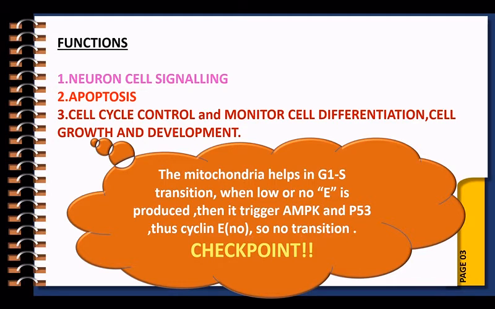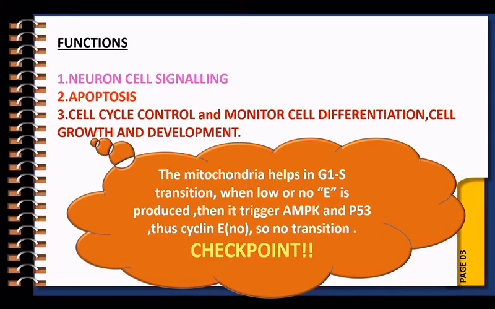The triggering factors AMPK and P53 are triggered when there is no energy or low energy. So here is the checkpoint. When mitochondria is damaged, the cell will not enter the S phase.